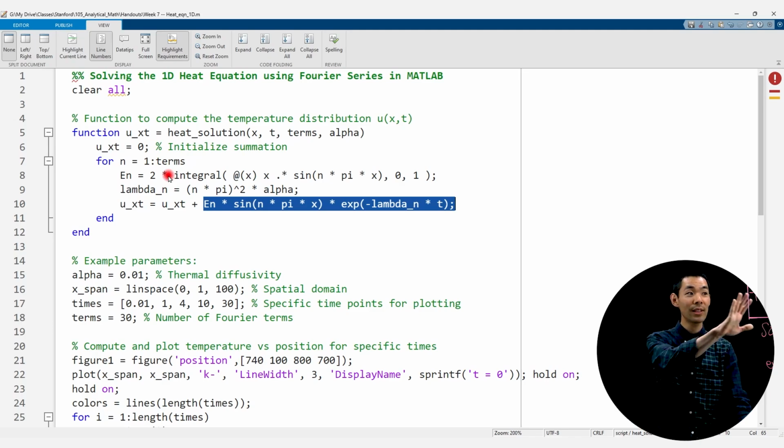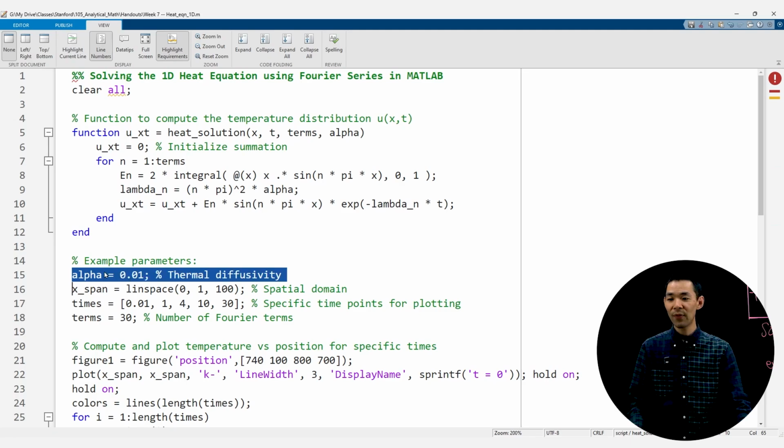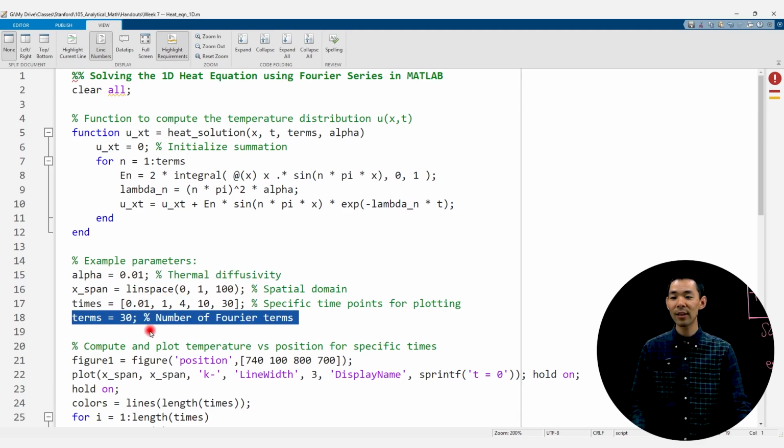Like I said, with Fourier series, you don't practically go out to infinity. You cut it off at some finite value of n. It goes out to the number of terms. Down here, I've defined the thermal diffusivity, 10 to the minus 2. I've defined my domain, discretized it, and I'm going to take snapshots at certain values of time points, from 0 all the way out to time point of 30. And lastly, for this example, I've taken 30 terms in the summation for the Fourier series.